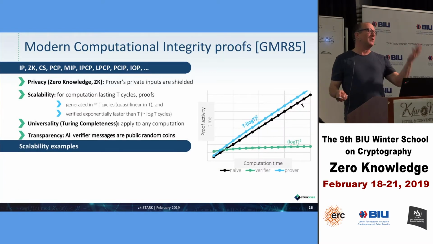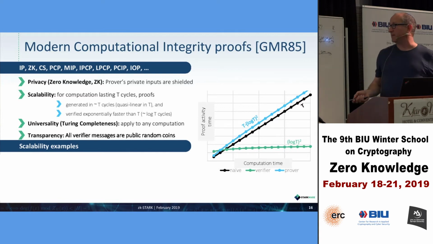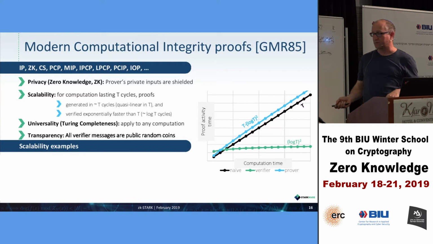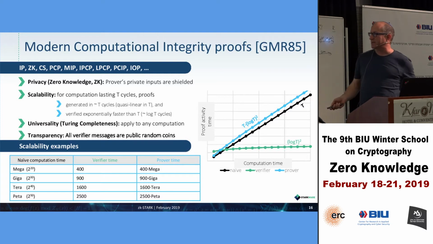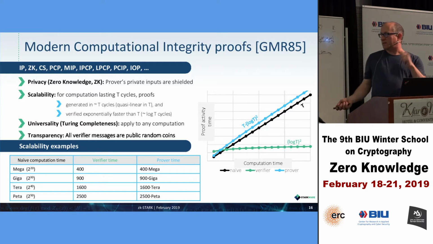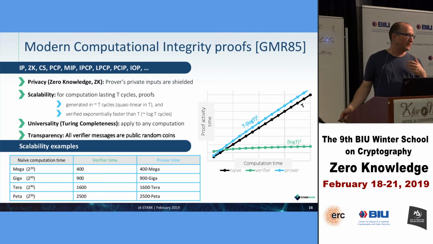And scalability examples, well, we just went into great detail in the previous talk about one particular scalability application of these kinds of proofs that specifically StarkWare wants to bring into the world, so I won't go over that. Again, just to bring in some numbers, suppose that the verifier time is log squared t, and prover time is t times log squared t, and let's suppose that it would take to verify all of Bitcoin's blockchain a peta number of cycles, 2 to the 50 steps, which is roughly what it should take.